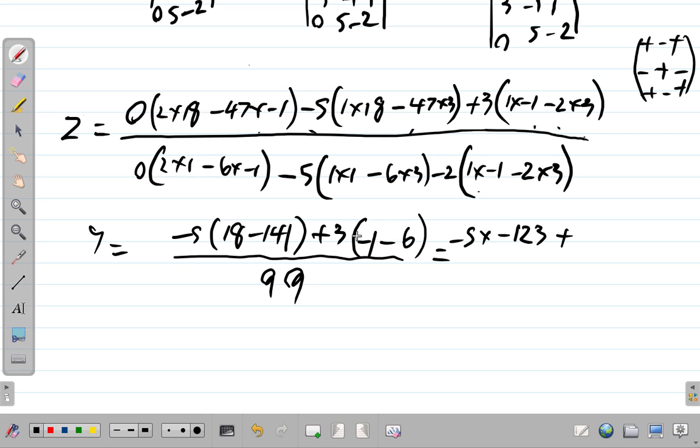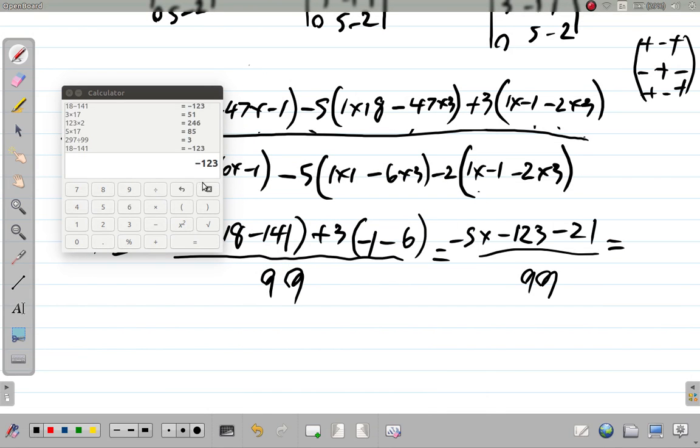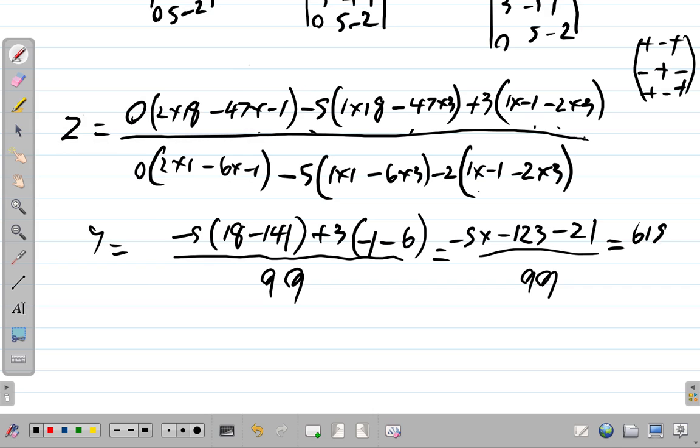And negative 7 by 3 is going to be negative 21. So this will be a minus 21 over 99. Negative 5 by negative 123, that's going to be a positive. So we can just write 5 times 123 equal 615. So it's 615 minus 21 over 99.